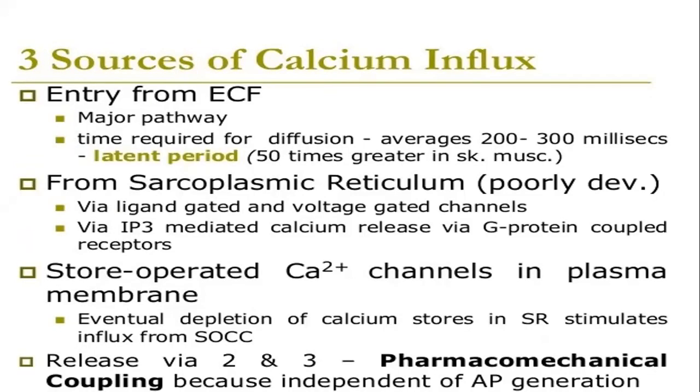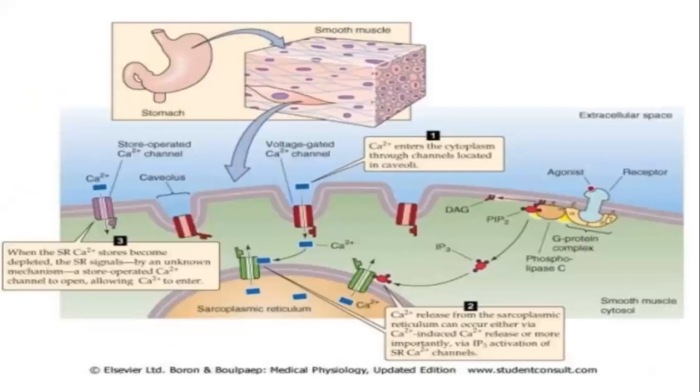So there may be different stimuli which can result in change of the membrane voltage, which results in contraction, sometimes even without a change in the membrane voltage, as we have seen in pharmacomechanical coupling. That is due to effect of some drug or hormone, there may be contraction of the muscle. Now, let us discuss in brief about the molecular basis of the contraction.